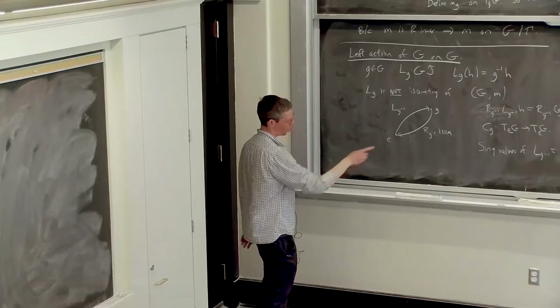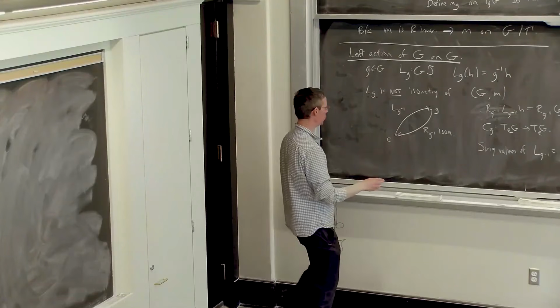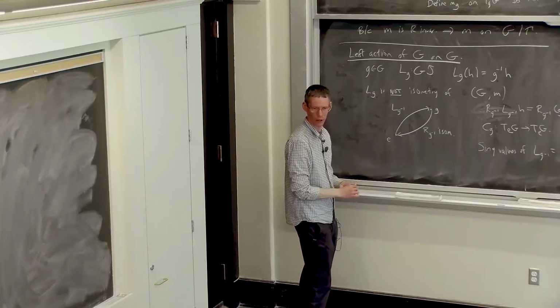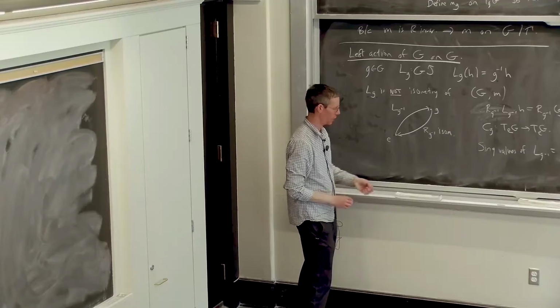All right. So what they are depends on G. So I'm going to pick a nice G, and we're actually going to compute them to see how the geometry is being distorted.